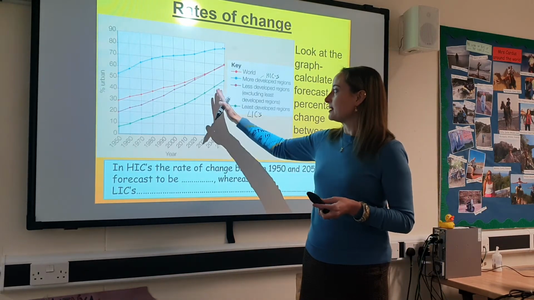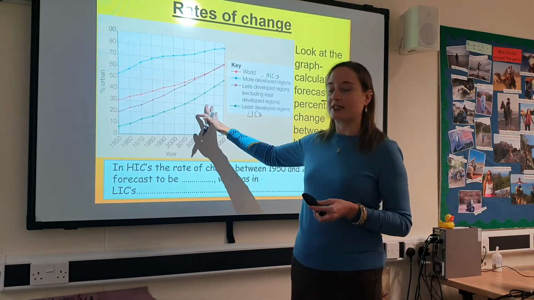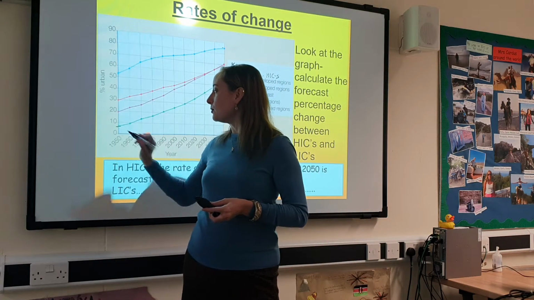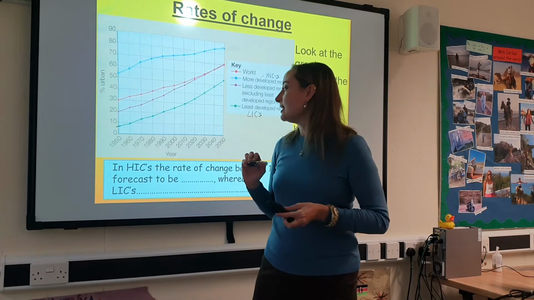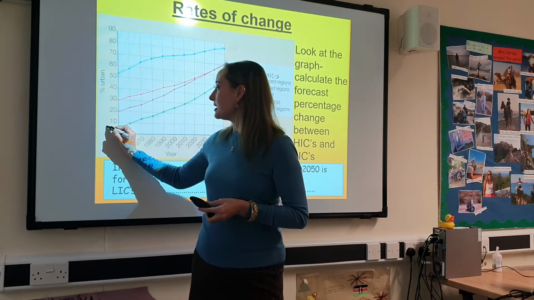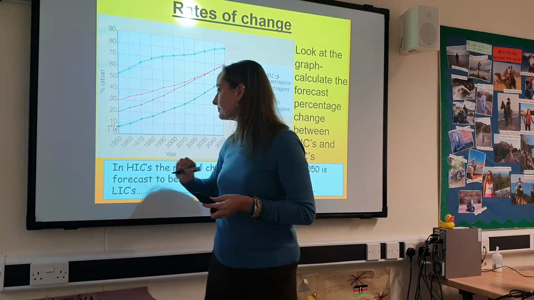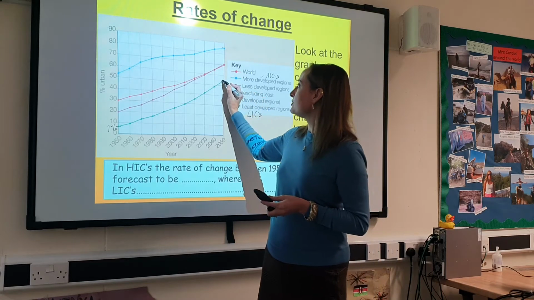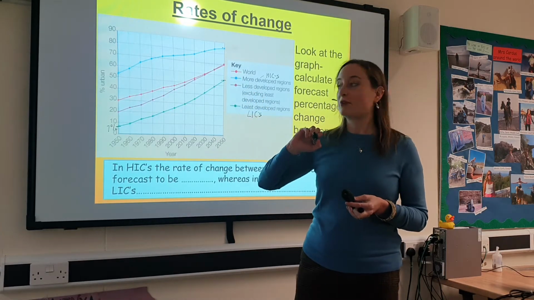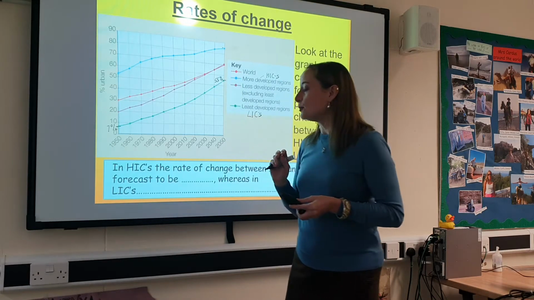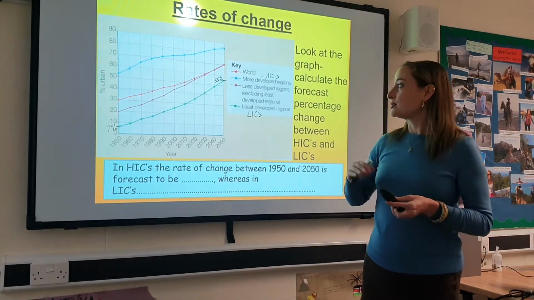So to start off with, if we decide to look at the poorest countries, at the LICs, so if we have a look over here and we see what percentage lived in urban areas in 1950, we can see that that should be approximately 7%. Then if we move over to 2050, we should be able to see that this is approximately 55%. So what we want to know is how much that's changed by.